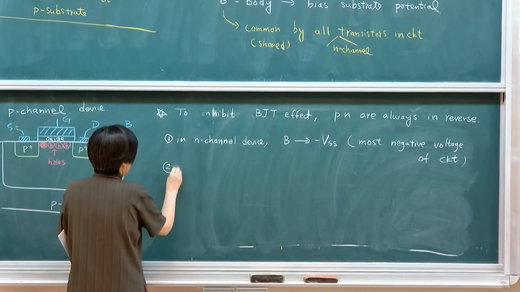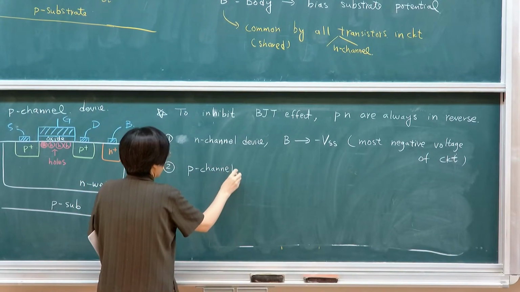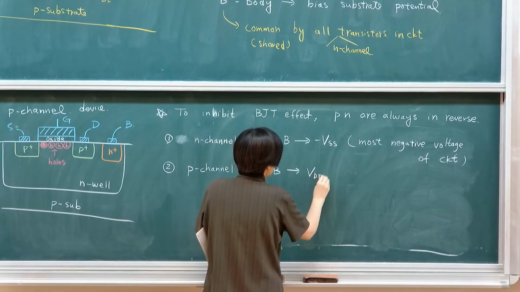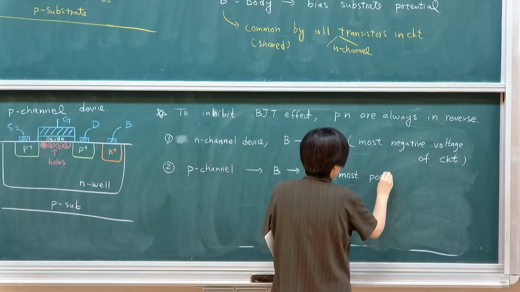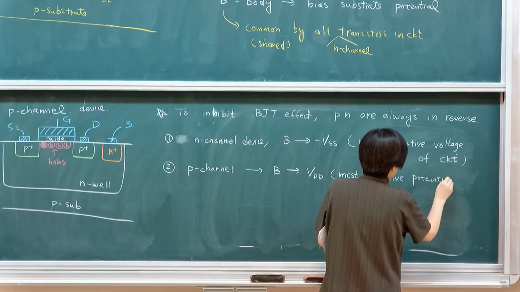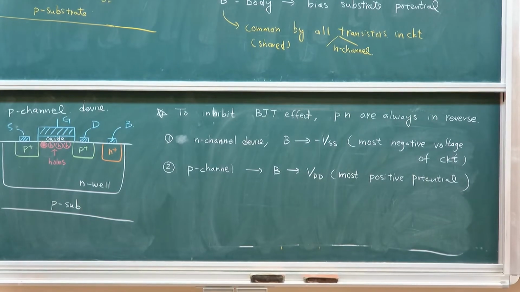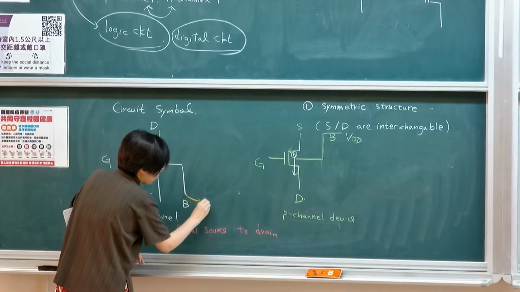The second thing is that for P-channel, it's the opposite. So we will have the body connected to VDD, which is the most positive potential in your circuit system. By default, if you're not doing something exceptional, the P-channel body is connected to VDD, and the N-channel body is connected to VSS.